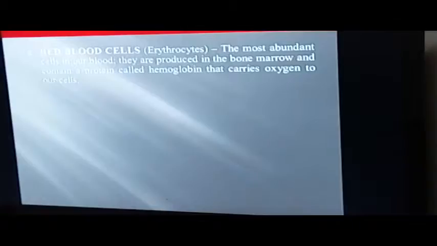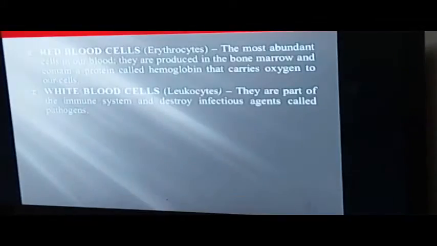And they contain a protein called hemoglobin that carries oxygen around our body to all our cells. And it also transports waste products, mostly carbon dioxide, out of our cells, back to the lungs to be breathed out.